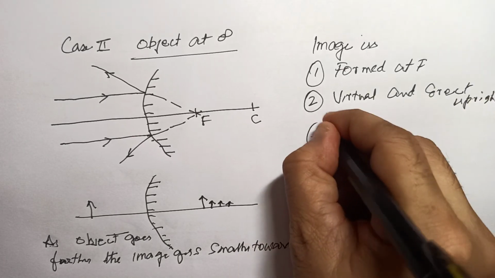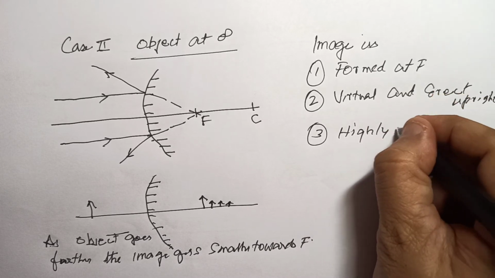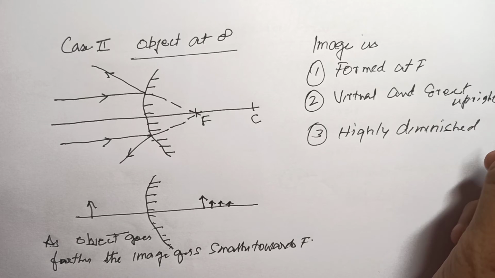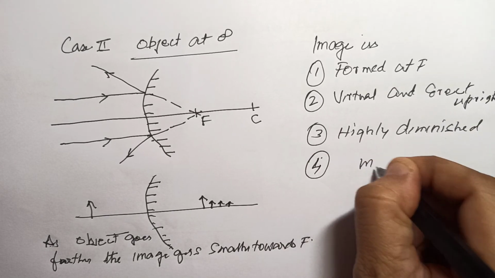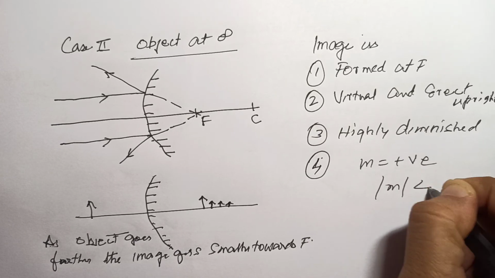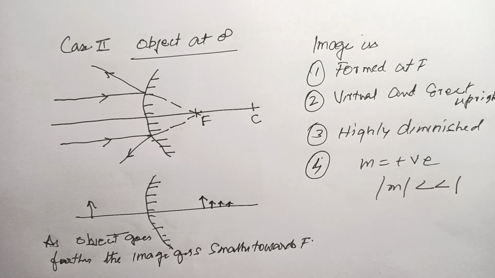Third, highly diminished. Fourth, m is positive in this case, and mod of m is very much less than 1. Okay, so there are only two cases in the case of convex.